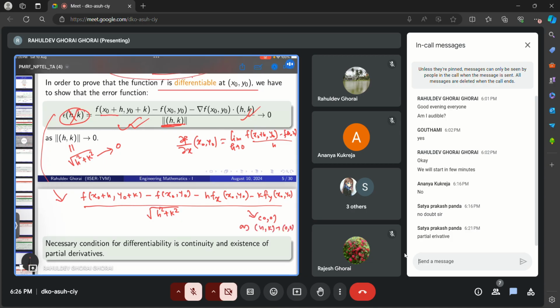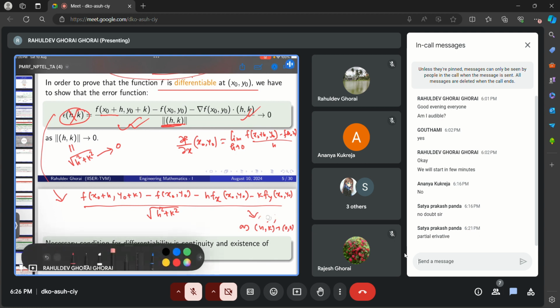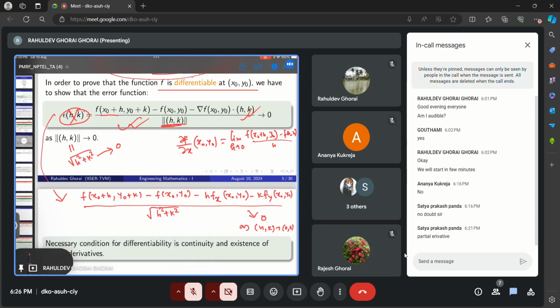So you need to check this. Sorry, I made a mistake here. This is a one variable thing. So this is 0 as hk tends to 0 0. If this happens, then the function will be differentiable at x0 y0.